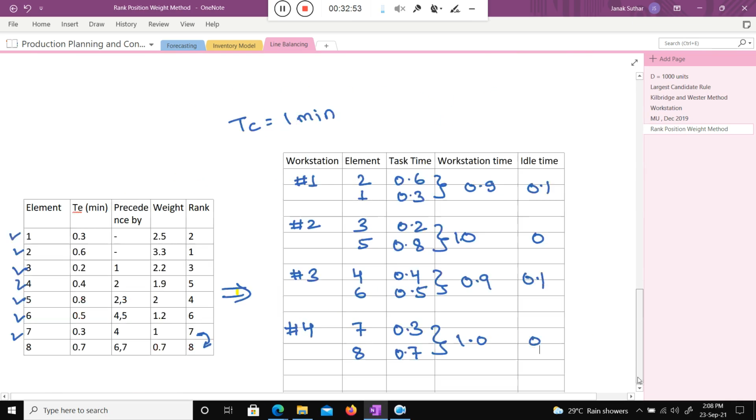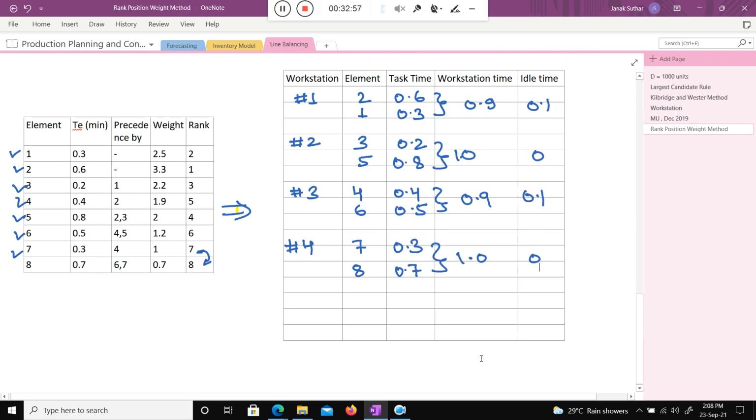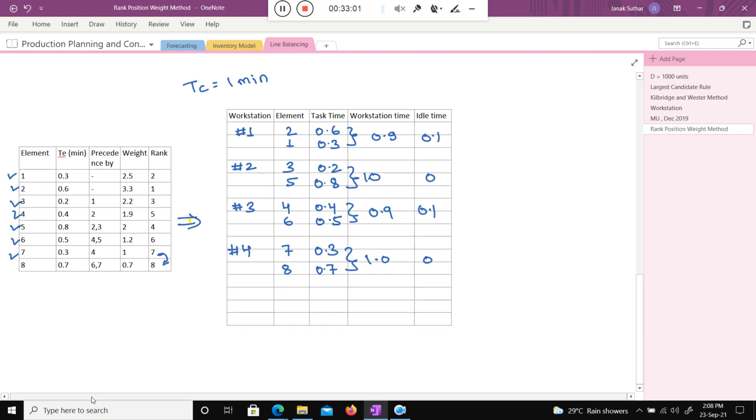How to calculate the balance efficiency? We already calculated it in our previous sum, right? Okay, I try to reduce the size.